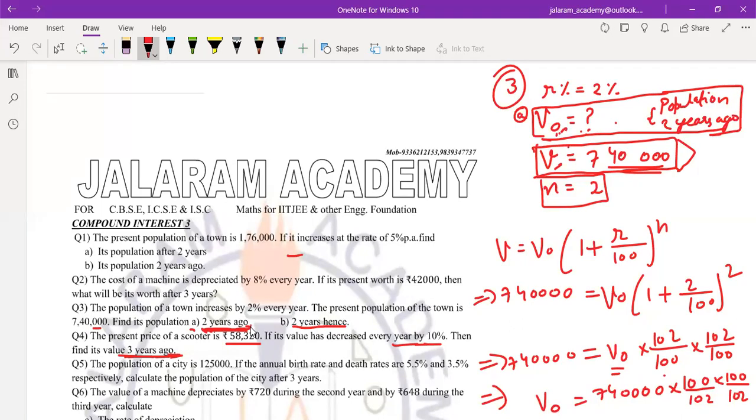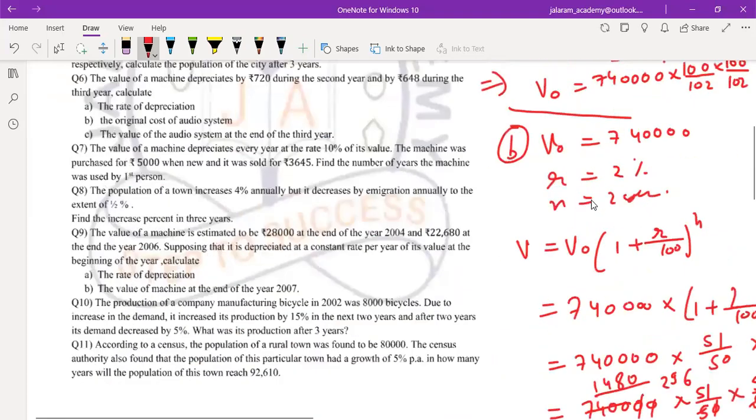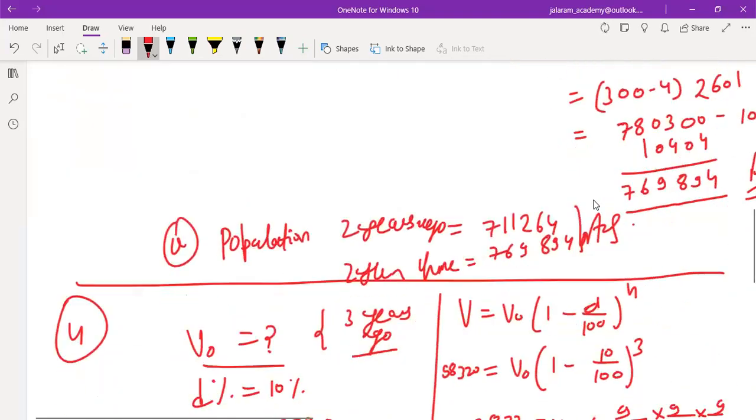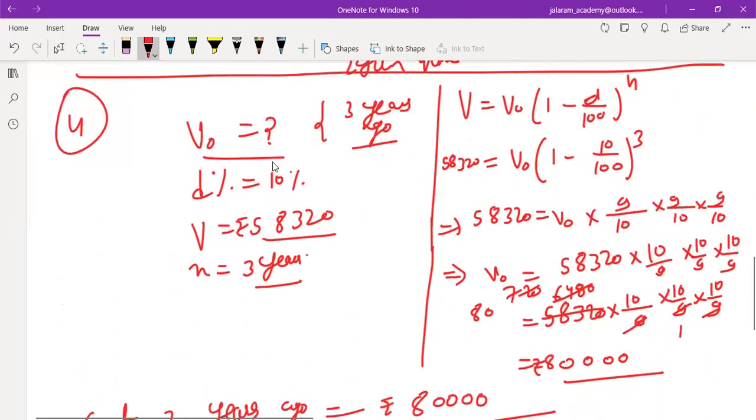So 2 years ago is before, so the population at that time is taken as V naught, and the present population, which is 2 years after the 2 years ago, is V.